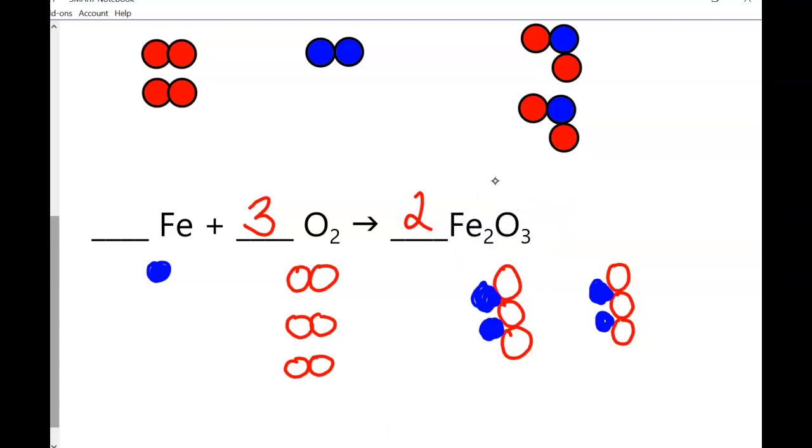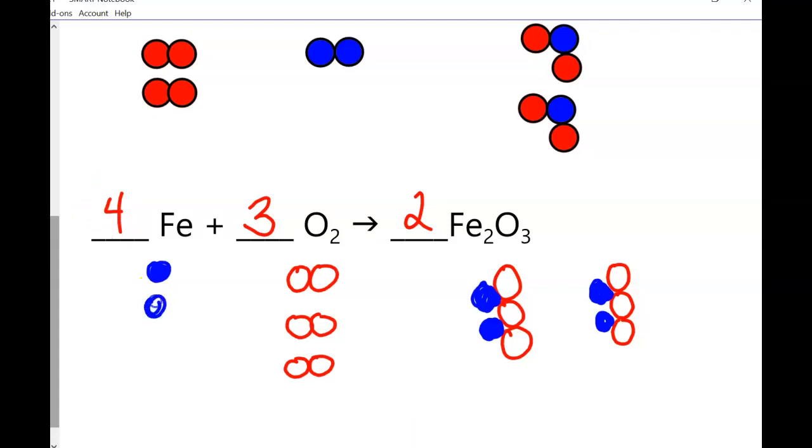So now, which element is now out of balance? That's right, it's iron. So now I'm going to need to multiply iron so that I can make sure that I have the same number of iron atoms on the left side of the reaction as on the right side. So what coefficient should I put in front of iron on the left side? That's right, we're going to need to have 4 of these.